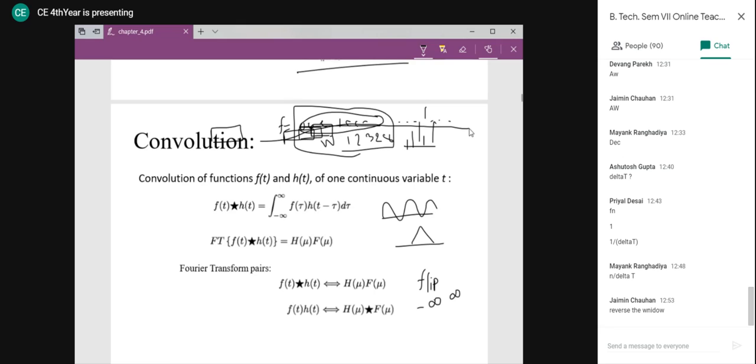What was the third observation? Suppose I kept it on the first overlapping point. Then what was my next operation? After placing it on the first overlapping point, ideally I should go from minus infinity to plus infinity. So I started with the first location, and then what was my next point? Anyone can recall?